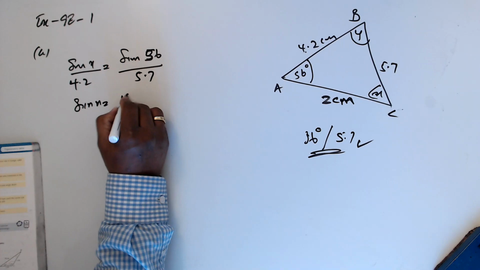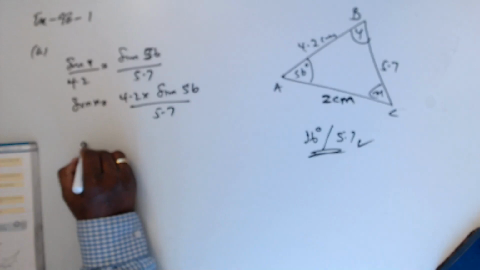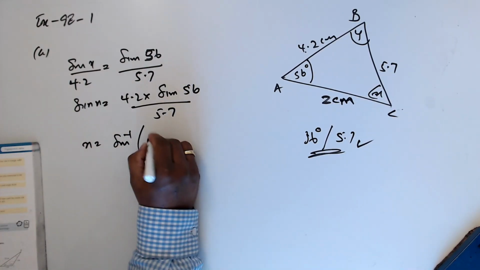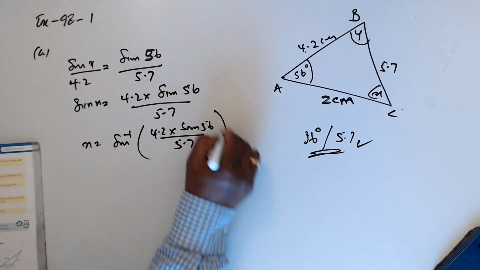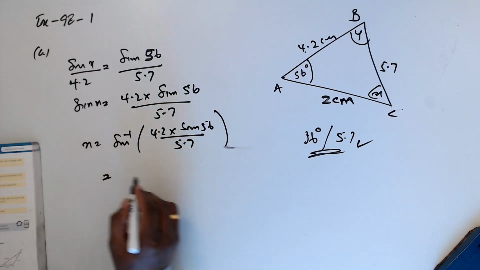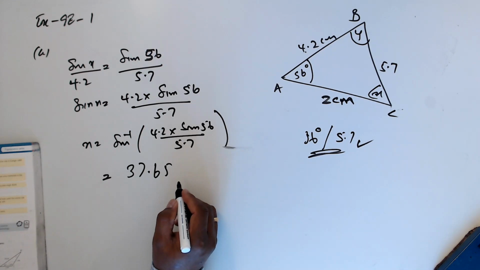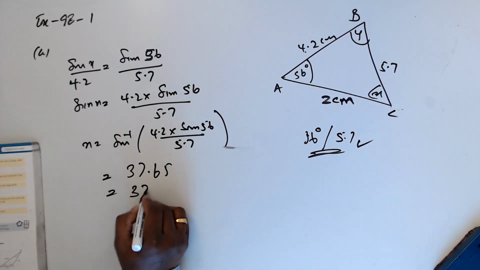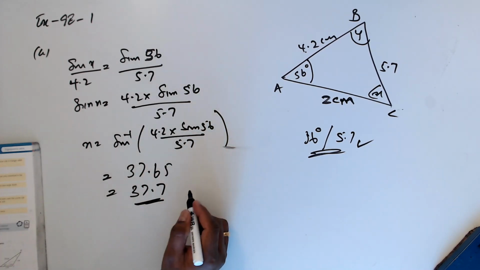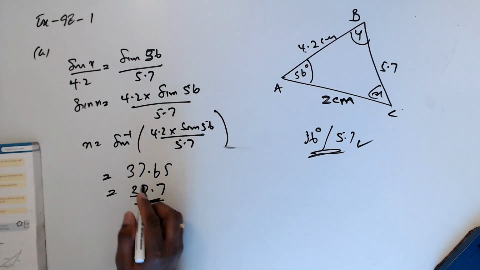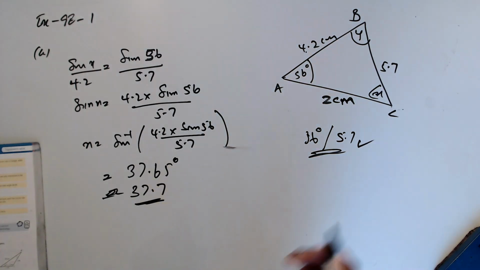Sine x equals 4.2 times sine 56 over 5.7. x equals sine inverse of 4.2 sine 56 over 5.7, which is 36.65, which is 37.7 approximately, to 1 decimal place.